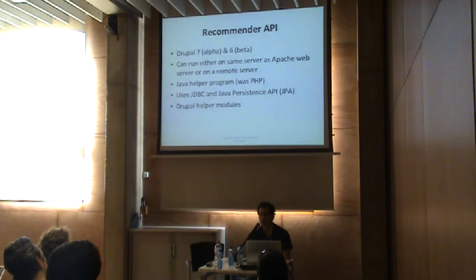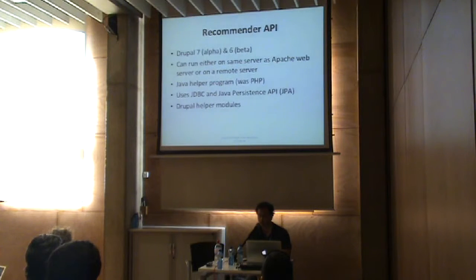As you may or may not know, PHP really isn't perfect for these sorts of scalable, massive matrix computations. So he rewrote everything in Java and designed it to work ideally on a separate virtual machine, a separate host that could be dedicated to running these offline processes. It could be run on the same machine as the Drupal server, but if you have access to another virtual machine, you'll probably get better results.